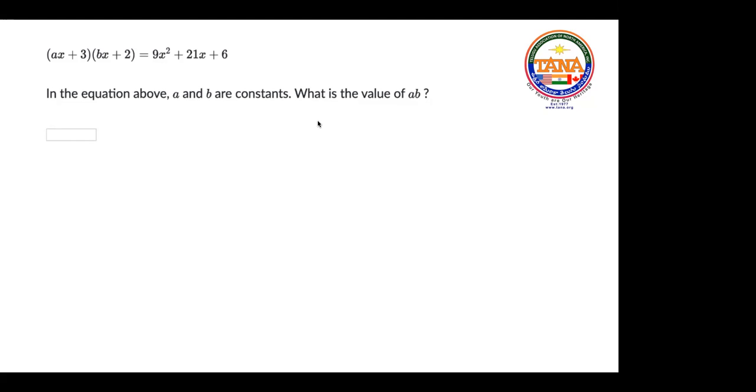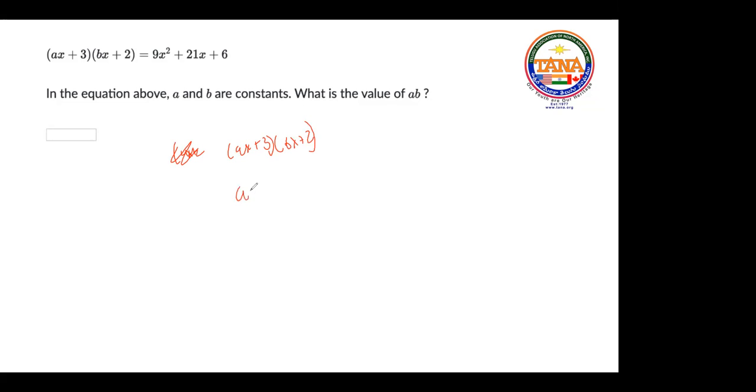All right. So for this question, we have ax plus 3 times bx plus 2. First thing we want to do is FOIL.